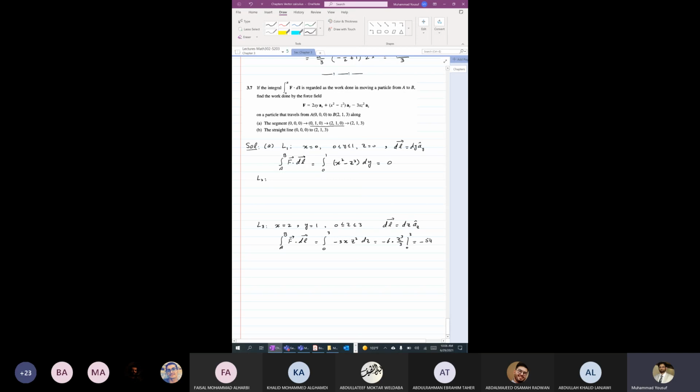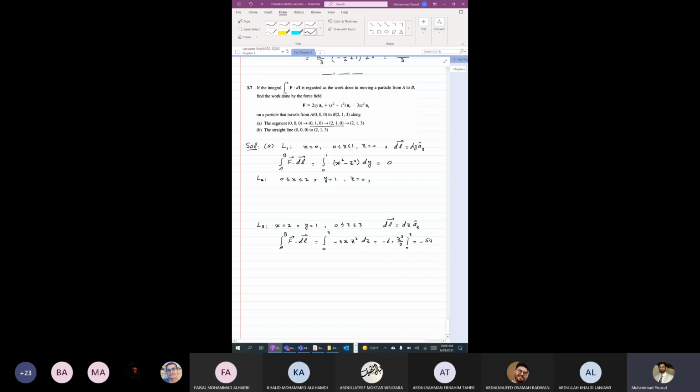So it is from one point to the next point, and here for L2, from 0,1,0 to 2,1,0, X is changing. So X is 0 to 2, 0 less than or equal to X less than or equal to 2. And then Y is 1 to 1, so Y is equal to 1. And Z is from 0 to 0.